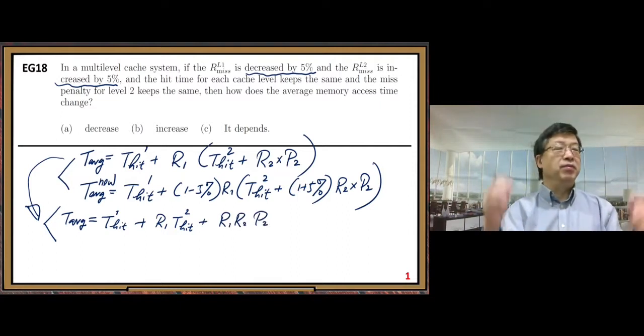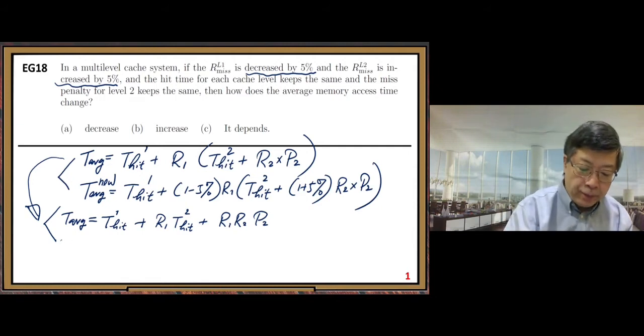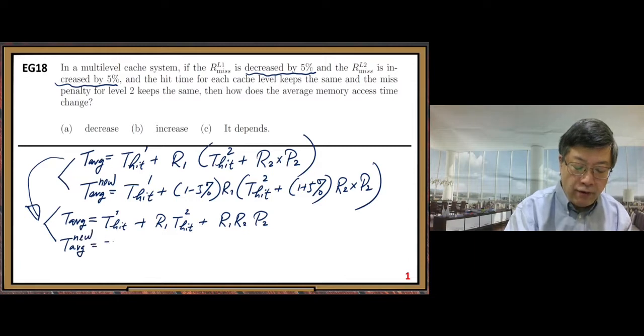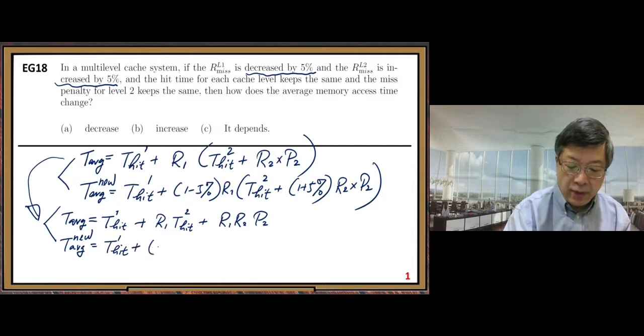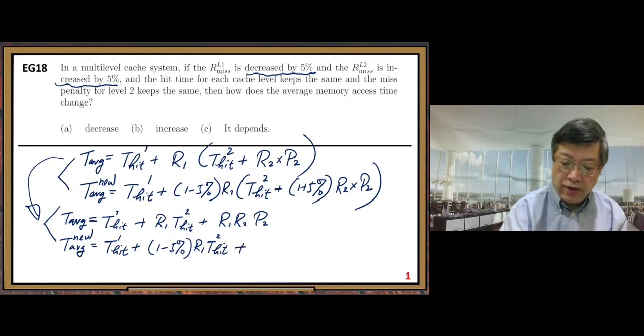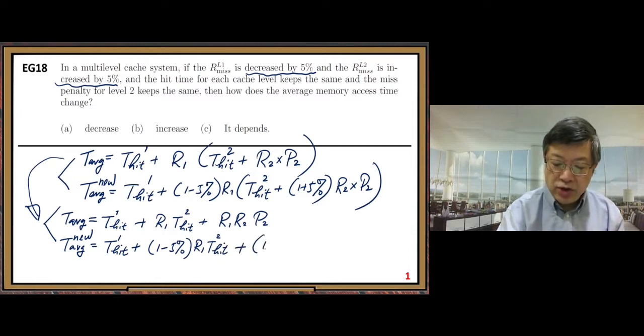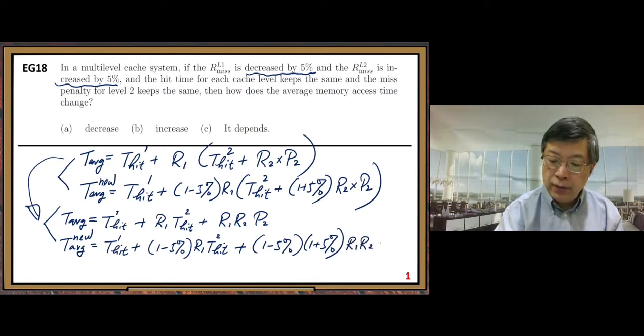The second one, average new: first term the same. The second term, 1 minus 5% times R1 T2 hit. Third term, multiplication 1 minus 5% times 1 plus 5%, then R1, R2, P2.